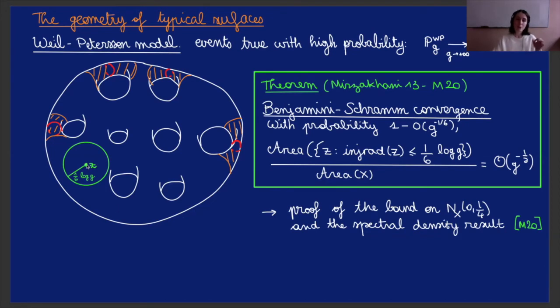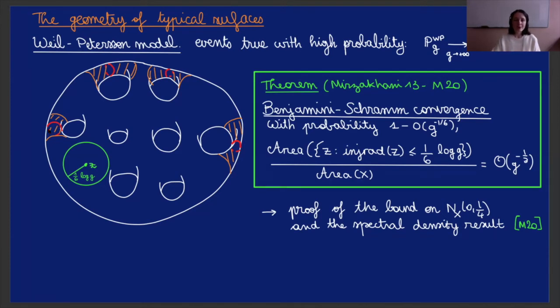Then you can prove that for most of these points, for most of these Zs, there is a very large neighborhood of Z which is a ball. The ball of radius a log g is actually a ball. Meaning that if you take a point Z in this bad area and you try to make a big ball around that, it's going to self-intersect and it's not really going to be a ball.